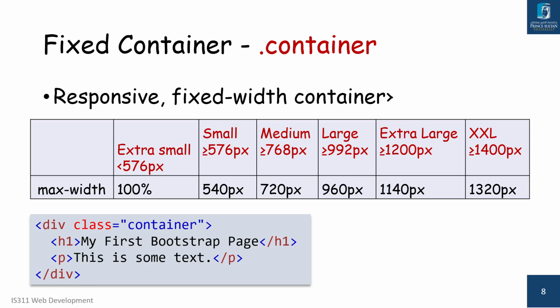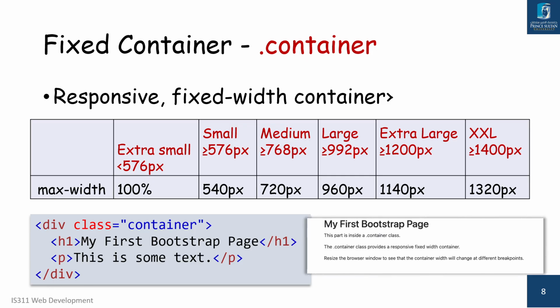And inside the div I have the h1, which is my first bootstrap page, and then we have a paragraph tag. This is the output. It automatically leaves some spacing on the left and right because it's a container. If I use container-fluid, it will try to cover the whole page. Okay, is it clear so far? Any questions?